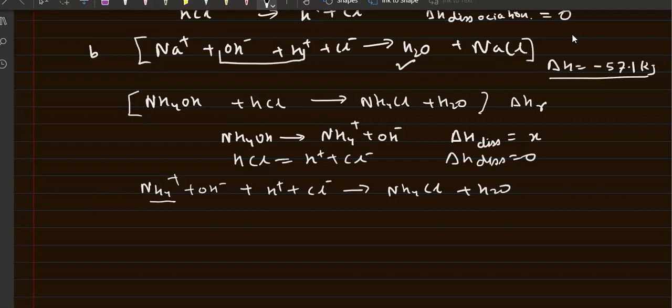For this reaction, we know that delta H is equal to minus 57.1 kilojoule. Right, everyone? So tell me, can I say that delta H of the whole reaction is equal to X plus 0 plus this delta H of neutralization?